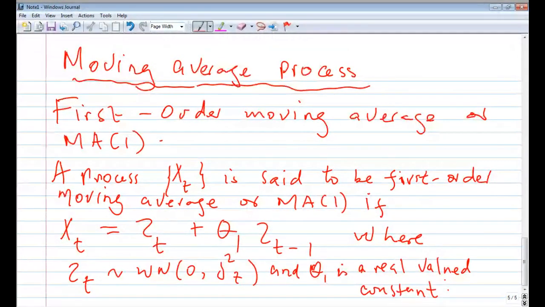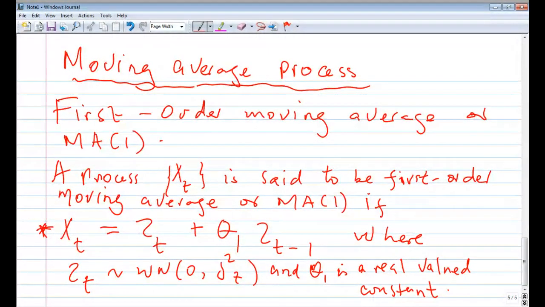So the first order moving average, or moving average of order 1, is defined by this here, xt, which is equal to zt plus theta 1 zt minus 1, where zt is a white noise with mean 0 and variance sigma squared, and theta 1 is a real valued constant. Okay, that's the first order moving average.